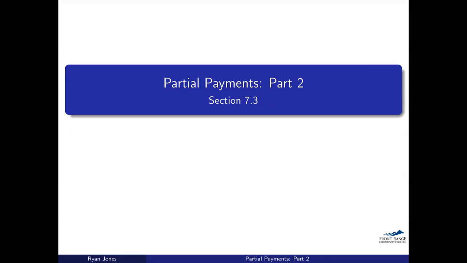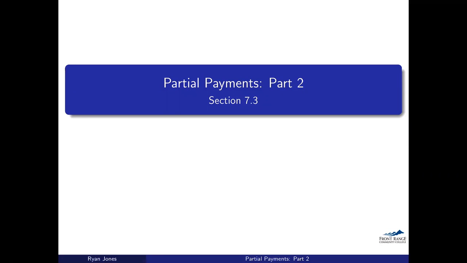So we saw last time this idea of the United States rule and how, if you're borrowing money on a loan that you're going to have to pay back in one full lump sum at the end of your loan term, you can instead, if you want to, make a partial payment.